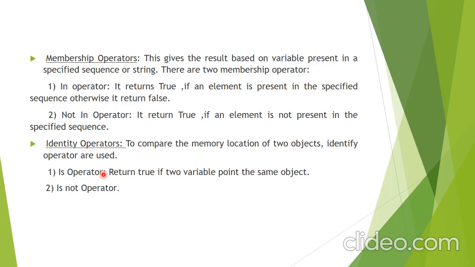The is operator will return true if the two variables point to the same object or same memory location, otherwise it will return false.